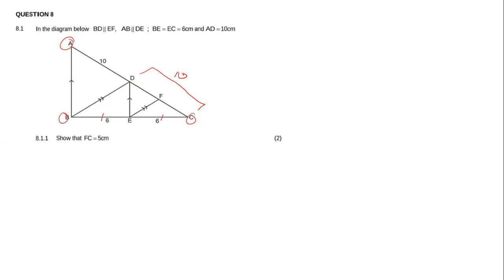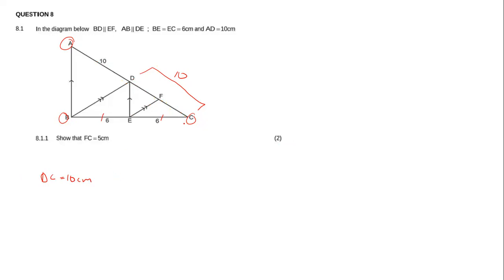Now I have my DC. I can go back to that triangle that I started with to use the midpoint theorem to determine FC. But you need to write everything down. This is only for 2 marks. So to determine DC, how did we determine DC? We just said DC is equal to 10 centimeters.